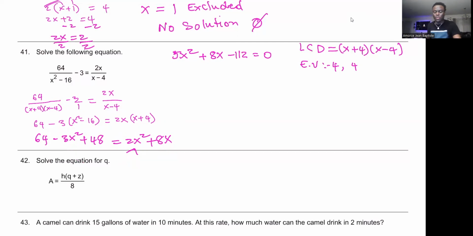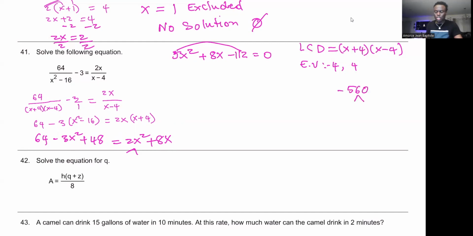Let's see if we can solve it by factoring. We multiply 5 and negative 112. That is 5 times negative 112. That's negative 560.